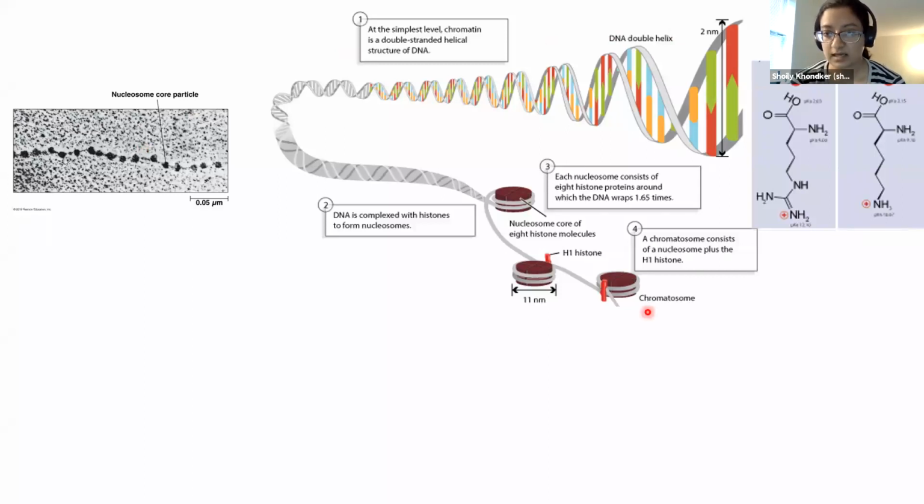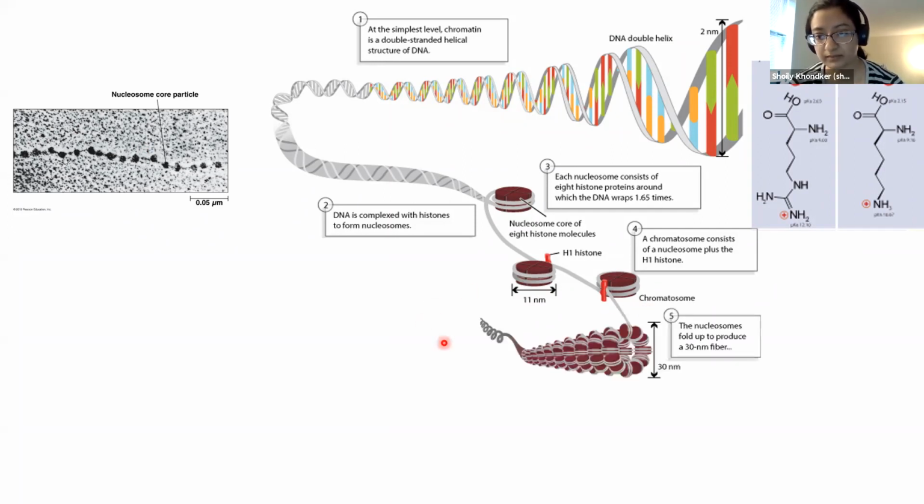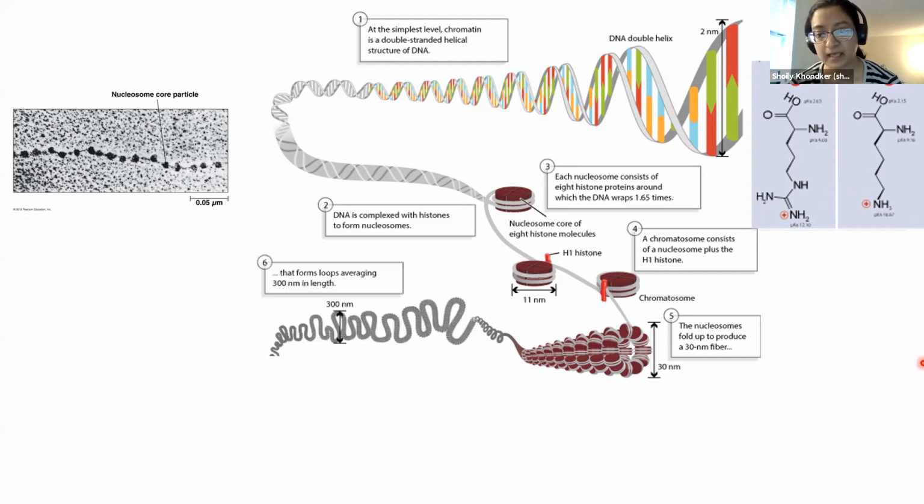The nucleosomes are attached by a linker histone, which is histone H1, and this forms a chromatosome. The chromatosomes are then folded to produce a fiber that's approximately 30 nanometers.